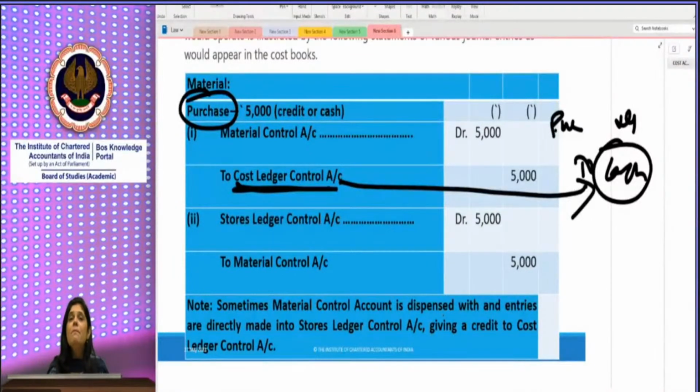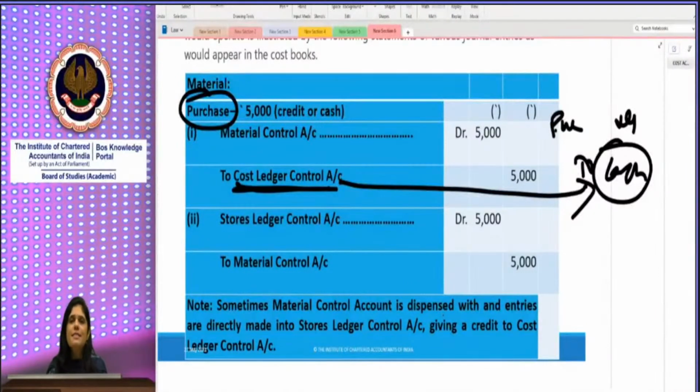But when the material is issued to production, it is an internal process. Cost ledger control account has no role to play. So purchasing material, yes, material account debit to cost ledger control account. Transferring material to production, WIP debit to stores ledger control account. Cost ledger has nothing to do with it.